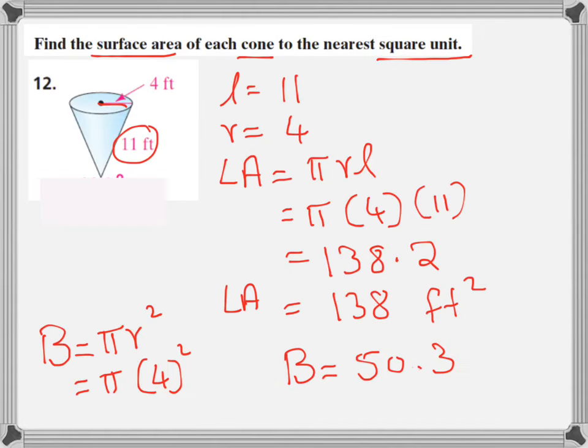The formula to find the surface area is LA plus B. And LA we found out was 138 and B was 50.3.